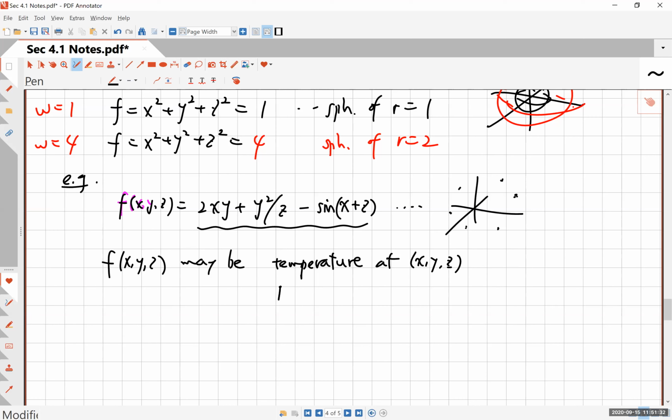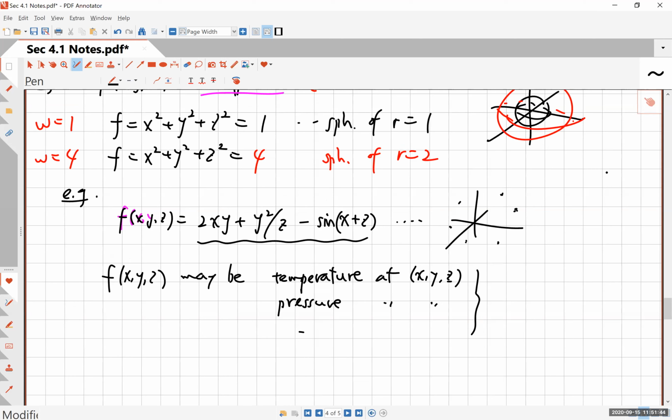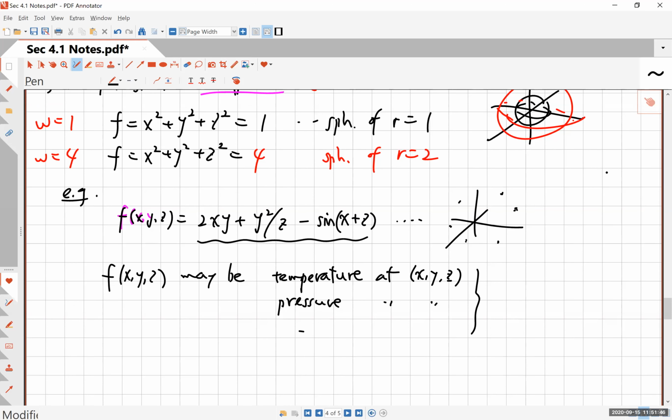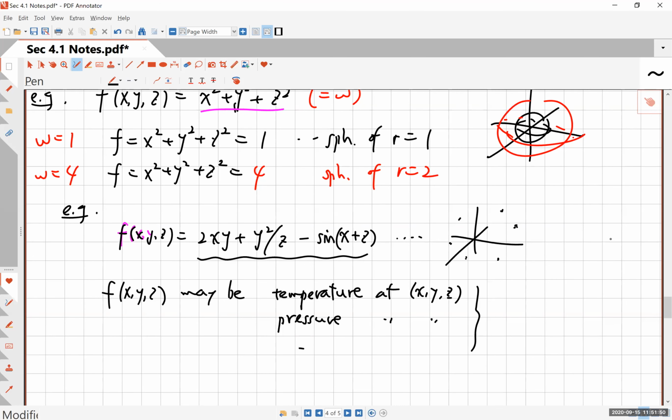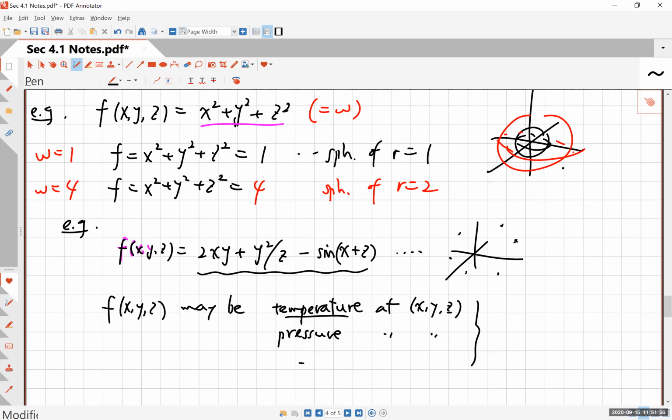How about like the air pressure at the point x, y, z? How about some density at x, y, z? So these are very important things, so functions of 3 variables can be used in many application problems. It's hard to graph these. But in that case, what you can do is connect all the points of the same temperature, and they may look like this, right?